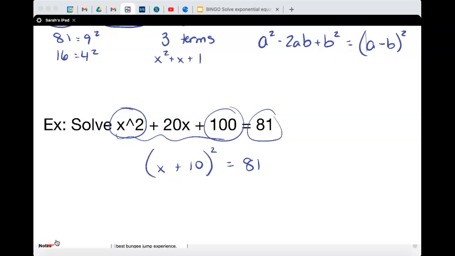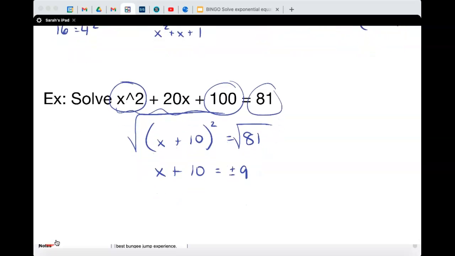Okay, so now it's in, like, standard form or whatever you want to call it. Since we factored the left side, I can get rid of the squared and try to solve for x. That's my goal, to get x by itself. So square root both sides. x plus 10 equals what? Whenever we square root both sides, we should always have plus or minus.